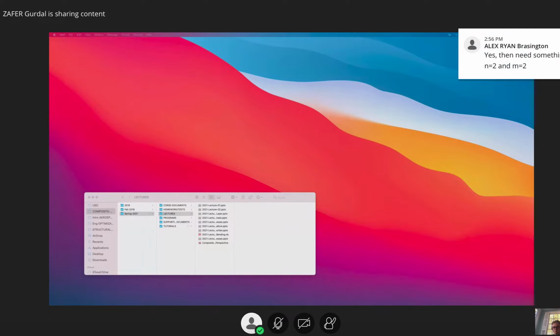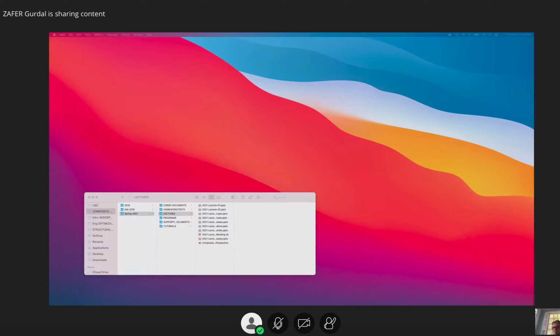Yeah. When n equals 2 and m equals 2, then you're going to 4-ply. Okay. In that case, maybe there is even a reason to make it 2000, so that we'll have a little bit more flexibility in terms of the laminate design.